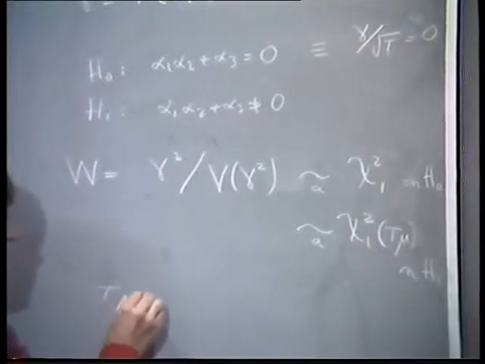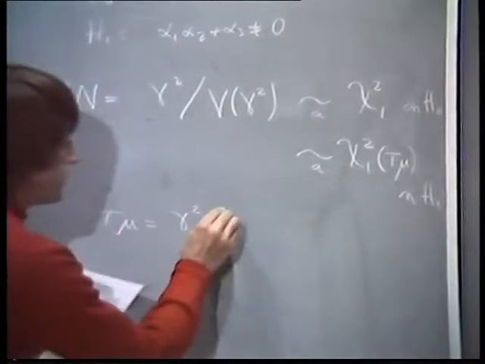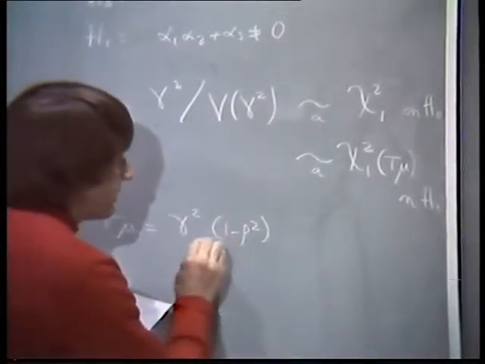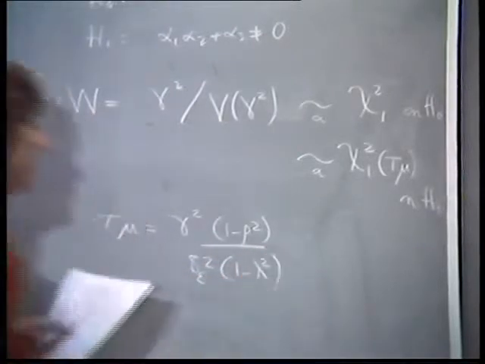When T mu is equal to sigma squared into 1 minus rho squared, sigma epsilon squared into 1 minus lambda squared.